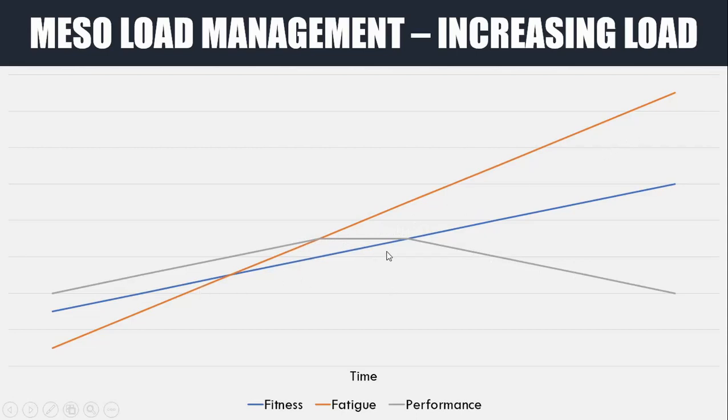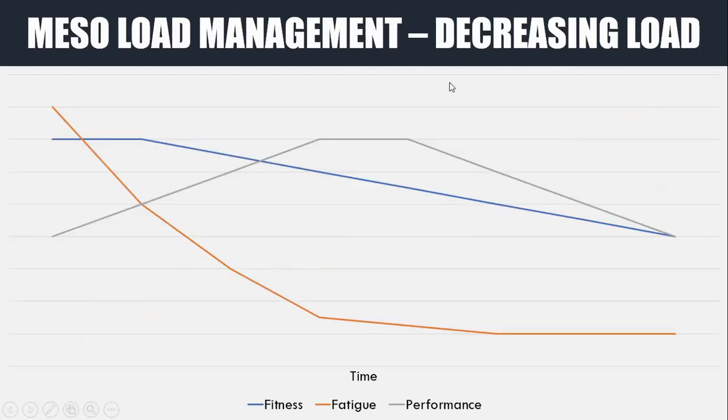So basically, even though our fitness is increasing, our fatigue is increasing faster, and that's going to mask the adaptations we're getting, and our performance may actually be plateaued or decreased. So in order to actually make our performance greater, we need to decrease our training load in order to decrease our fatigue. So that brings us on to the next point, which is decreasing our training load.